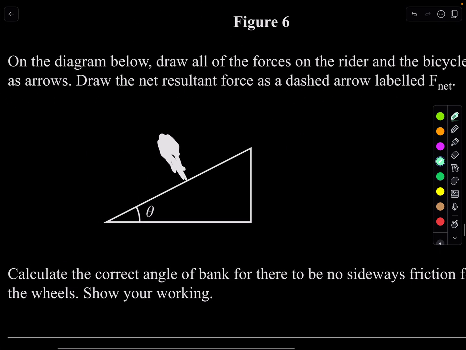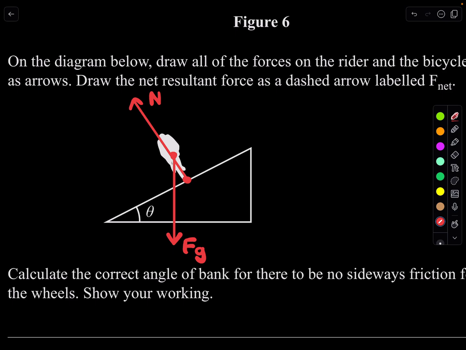Easy, so let's draw all those important forces. Of course, the first force in the center of mass is the force of gravity. So we're going to draw a straight downward force. And this first force is the force of gravity. And we're also going to get a normal force acting on the surface, and it's going to be this way, which is your normal force.